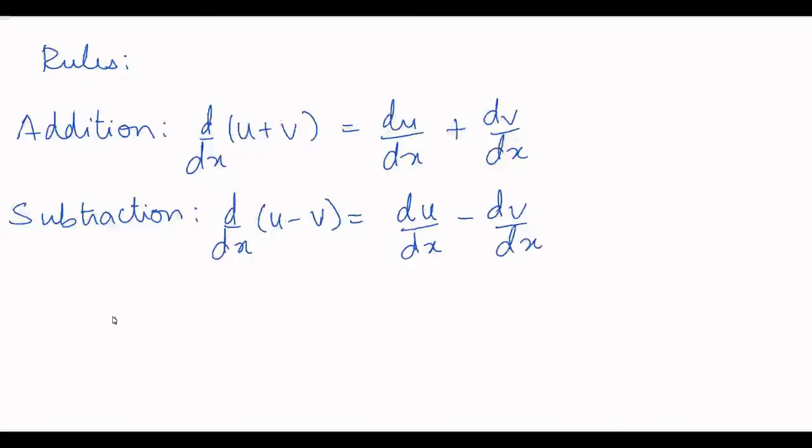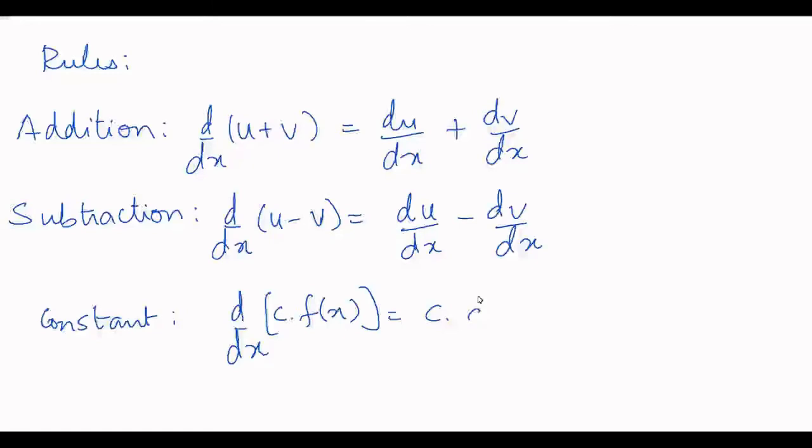Next, say you had a constant along with the function. So let me write that form as d/dx of c into f of x, where c is a constant. So we can take the c outside the derivative and differentiate the function. Next, product rule.